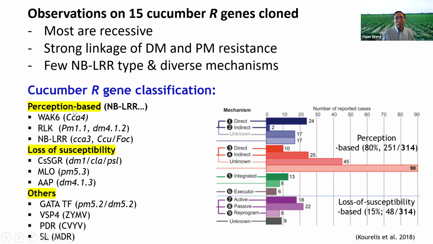Broadly speaking, as proposed by the authors, there are the perception-based ones: all those kinases, NBS-LRR type, receptor kinases, receptor proteins. And the second category is loss of susceptibility genes, and some others.